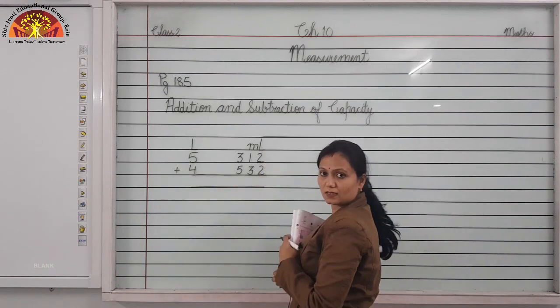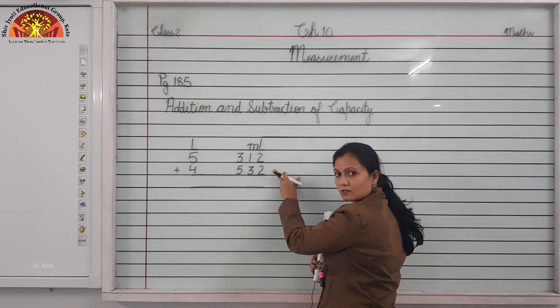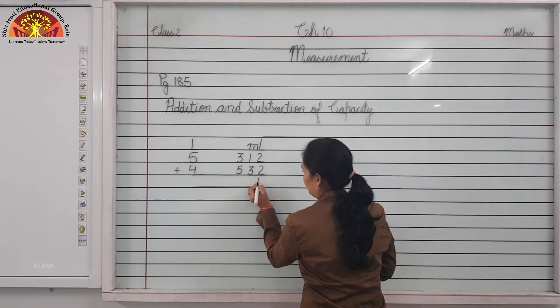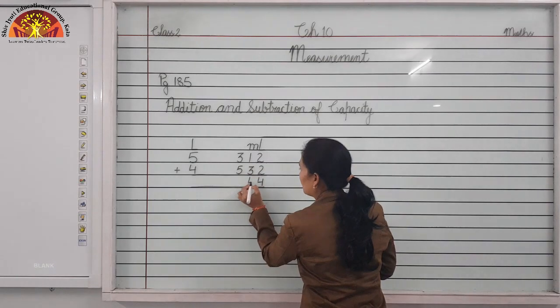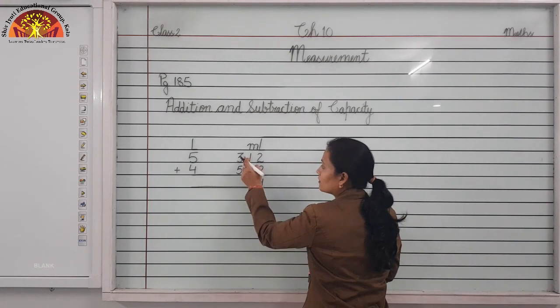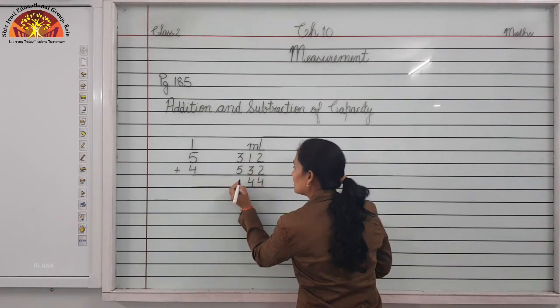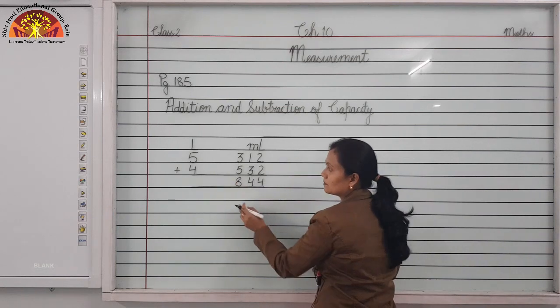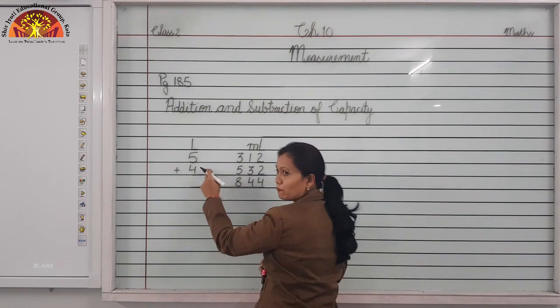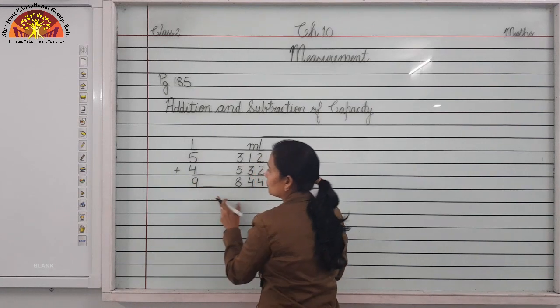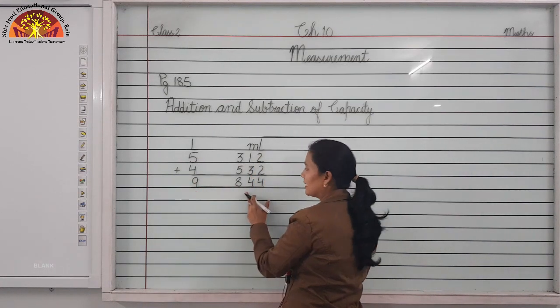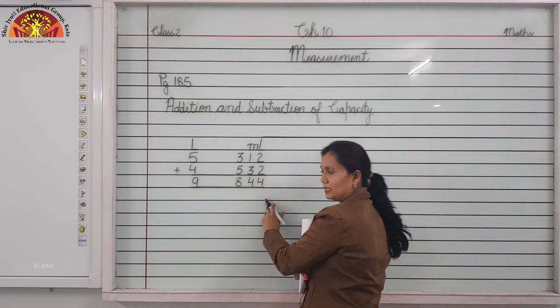Now you can see 2 plus 2 is 4, 3 plus 1 is 4, 3 plus 5 is 8. Now here 5 plus 4 is 9. So we get 9 liter 844 milliliter.